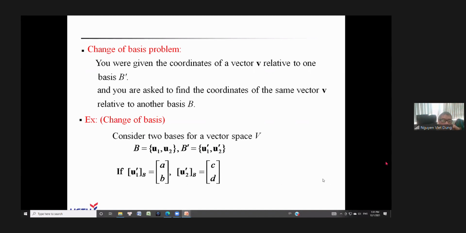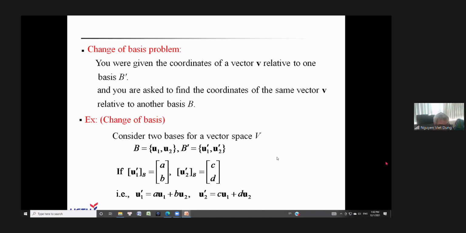Now, first of all, because U1 prime is a vector inside V, and B is a basis, U1 prime will have a coordinate in B. The coordinate of U1 prime relative to the basis B equals (a, b). Similarly, the coordinate of U2 prime relative to the basis B will be (c, d). So I denote it like that.